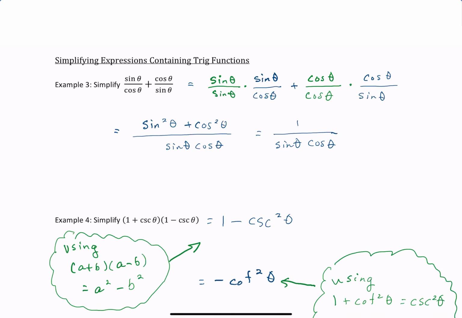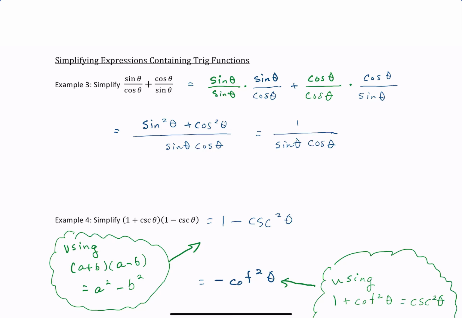More on simplifying. Let's simplify sine of theta over cosine of theta plus cosine of theta over sine of theta. To do the addition, I need a common denominator, which will be the cosine of theta times the sine of theta. So I multiply the first fraction by sine of theta over sine of theta.